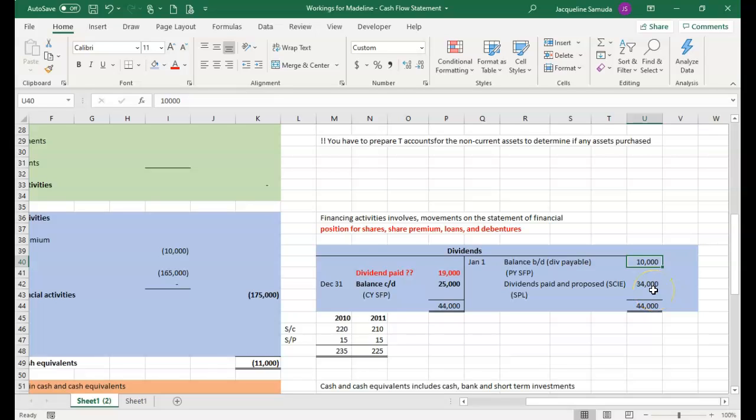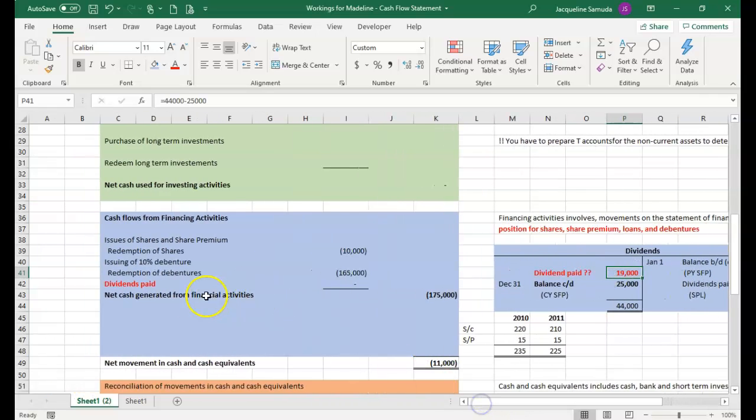So let us look at it. They started the year, that's Red Flamingo, owing $10,000 to shareholders. During the financial year, they said they would give them an additional 34,000, which means that in all, they should have paid out $44,000. But at the end of the year, apparently they didn't, because they still owed the shareholders 25,000. So it means that all they paid out during the year was $19,000.